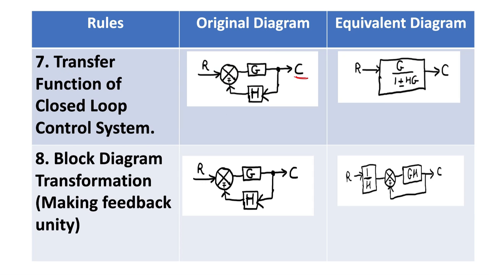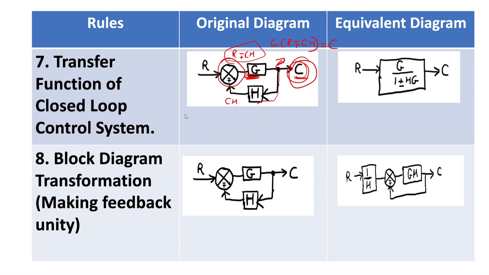So let us assume the output is C. So when this enters the H block, then you get the output CH, and then after the summing element, we get R minus plus CH as output, and this will act as input for this G block. So here at the output, we will get G into R minus plus CH, and this is nothing else but our output, which is C.